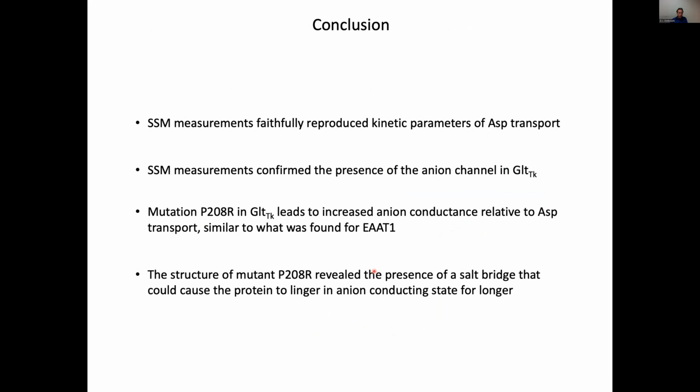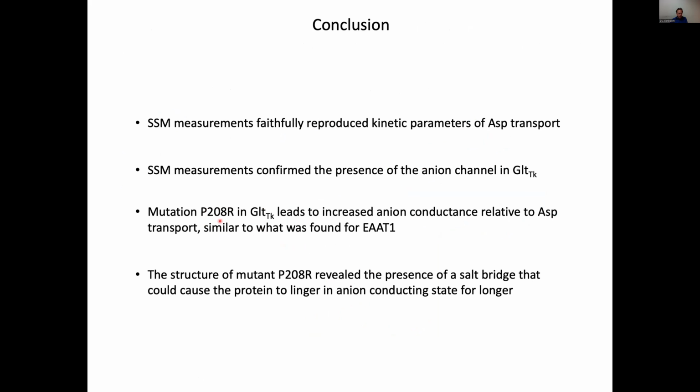So to conclude, in our hands, the SSM could faithfully reproduce the kinetic parameters of aspartate transport that we had obtained from classical radio-labeled substrate transport. We could confirm that also GltTk, the prokaryotic transporter GltTk, has an anion channel activity.